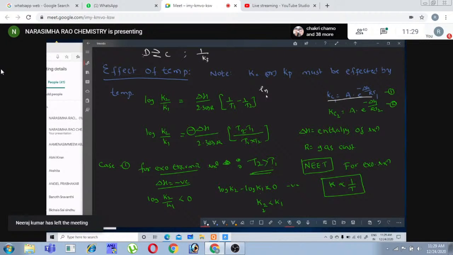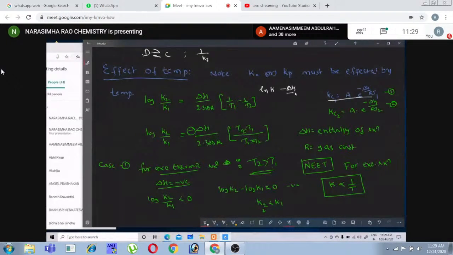So ln K1 is equal to minus delta H by RT1 plus ln A. This is equation 1. Okay na?